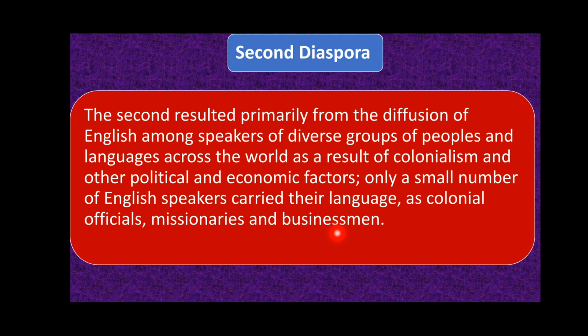Because they were politically strong, economically strong, right? And militarily strong. That's why most of the affairs of the state were run by these people, and they used the English language. So that was the second cause of the spread of English across the globe: colonialism and political and economic factors.